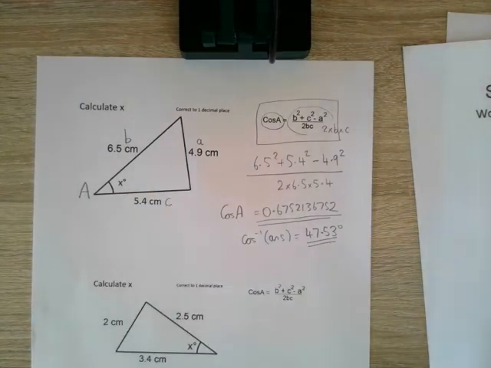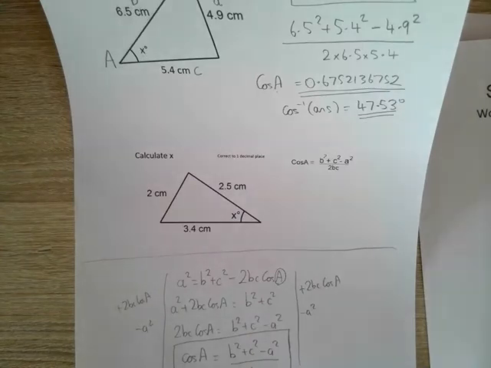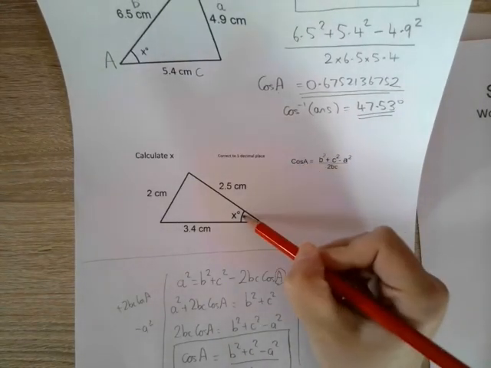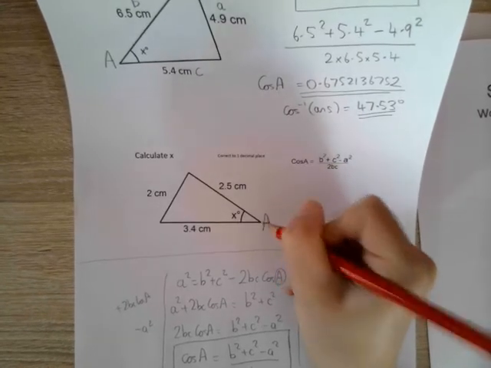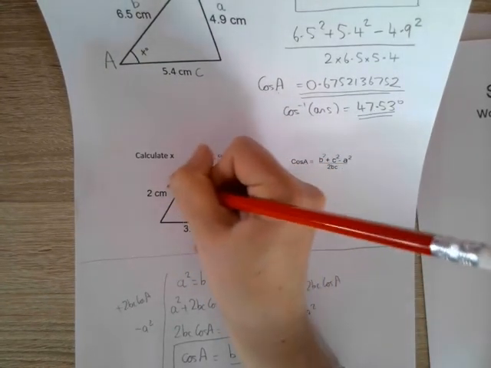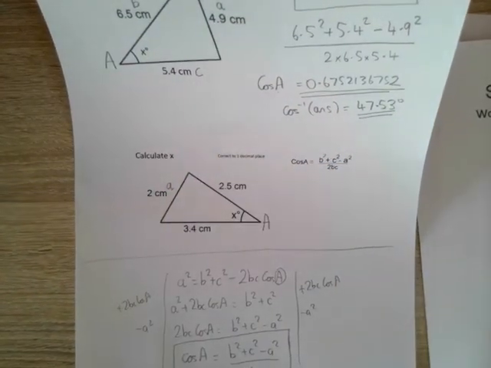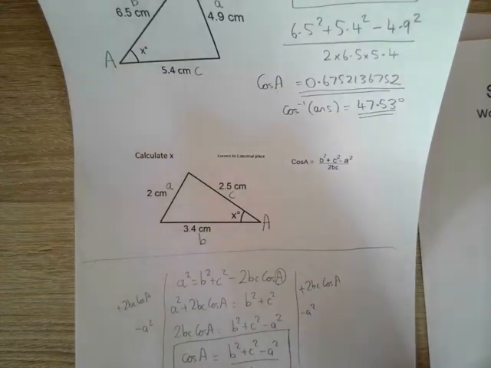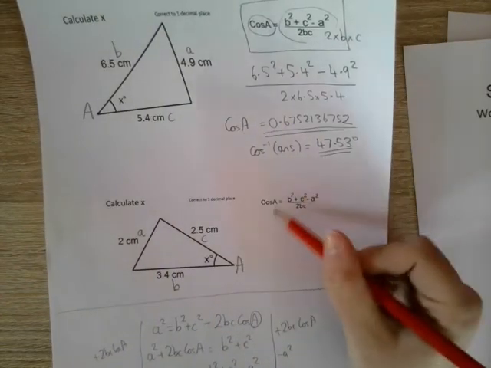So I'm just going to do one more, very similar really, but it might be worth listening to the labelling of the sides part. So again, A needs to be the angle that you're trying to find, so this is going to be my capital A, which means the one opposite the 2 is my little a. B and C don't matter which one you want to do, so let's go for this one as B and this one as C, and now we just put it all into here.